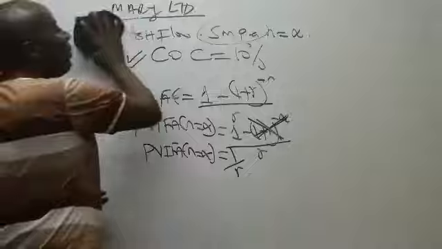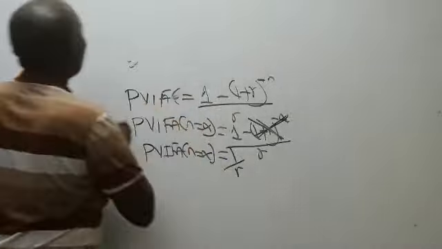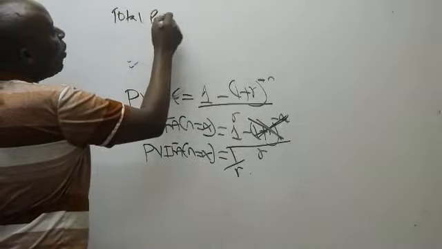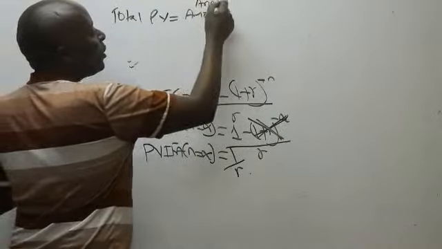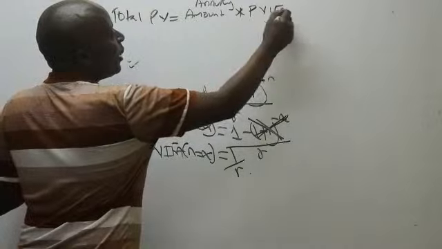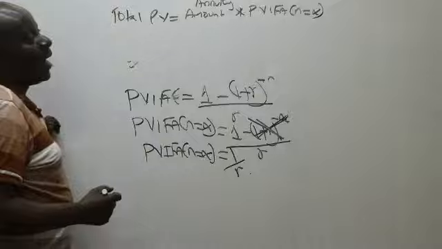For me to get the total present value, I will take the annuity amount multiplied by PVIFA, and this time around, remember our N is infinity.